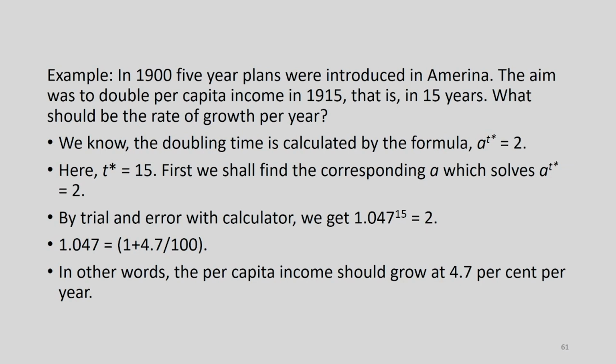We are given the time frame, right. There are 15 years that have elapsed. We are given the information that in these 15 years the per capita income should double. Okay. So, we have to find out what should be the growth rate per year. So, basically we have to find out the value of the small a.